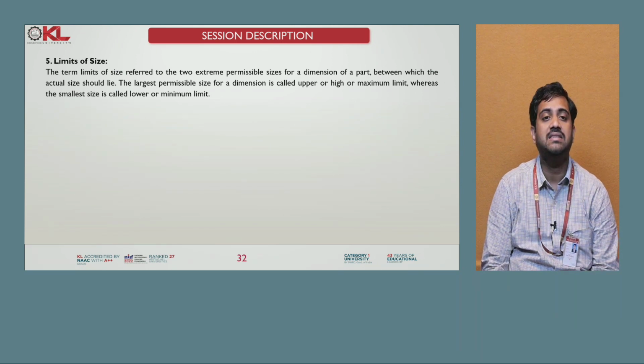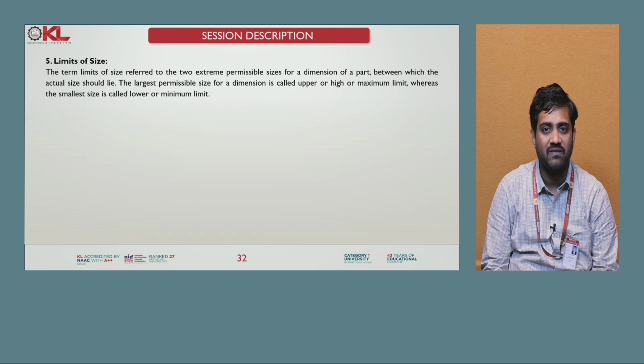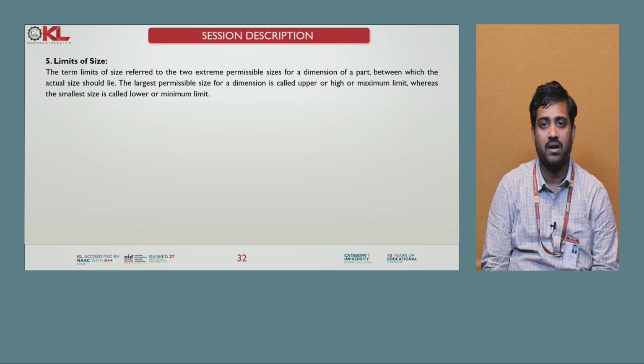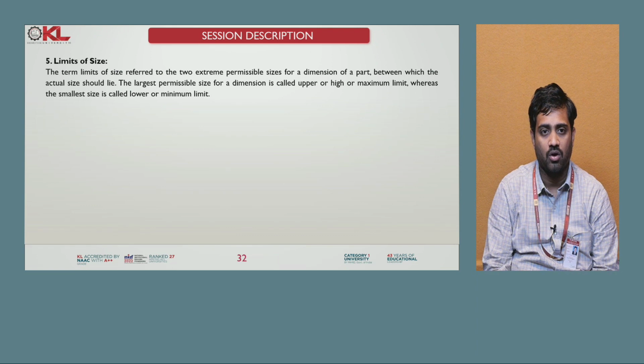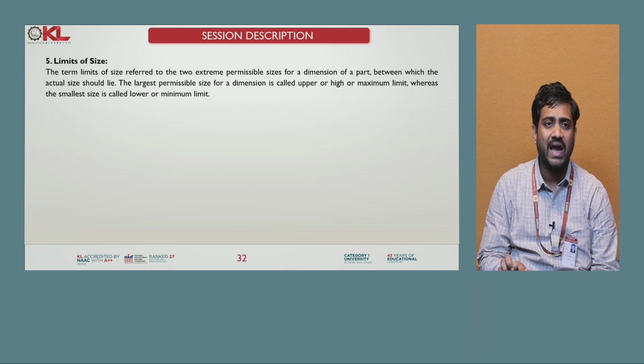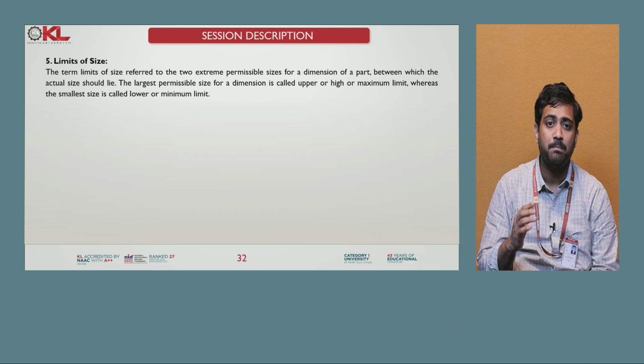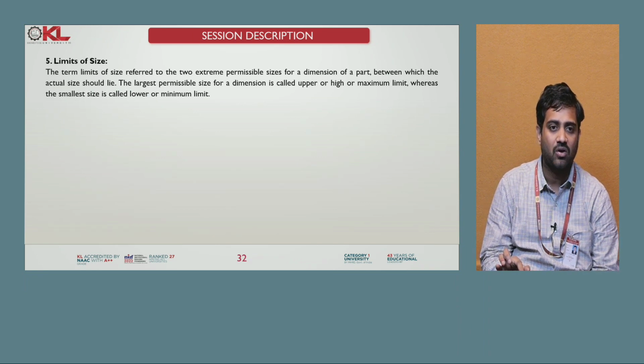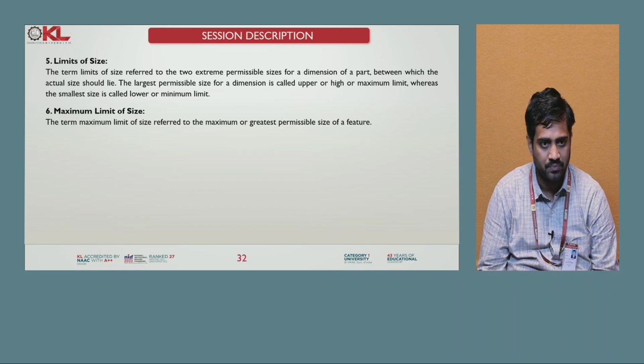The largest permissible size for a dimension is called the upper, higher or maximum limit, whereas the smallest size is called the lower or minimum limit. For any dimension of a part, two extreme permissible sizes will be there. The largest one is called the upper limit, and the lower one is called the minimum or lower limit.